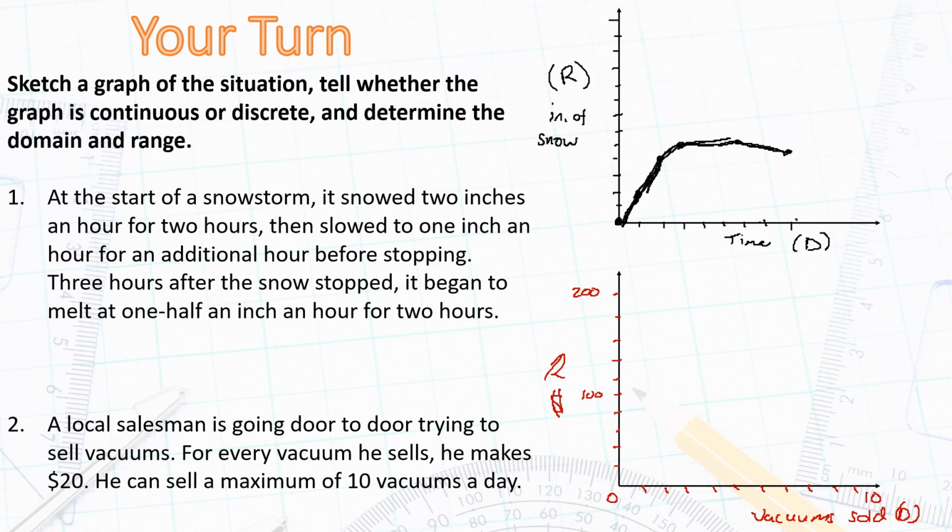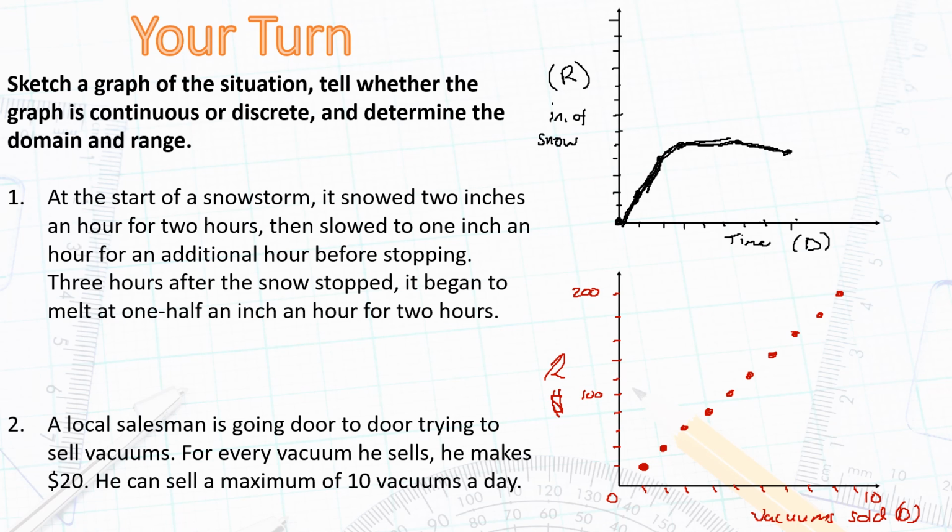So if he sells one vacuum, he makes 20 bucks. You can't sell half a vacuum. It's not possible. So this is going to be a dot. 2 vacuums, $40. 3 vacuums, 60. 4 vacuums, 80. 5 vacuums, 100. 120, 140, 160, 180, and 200.